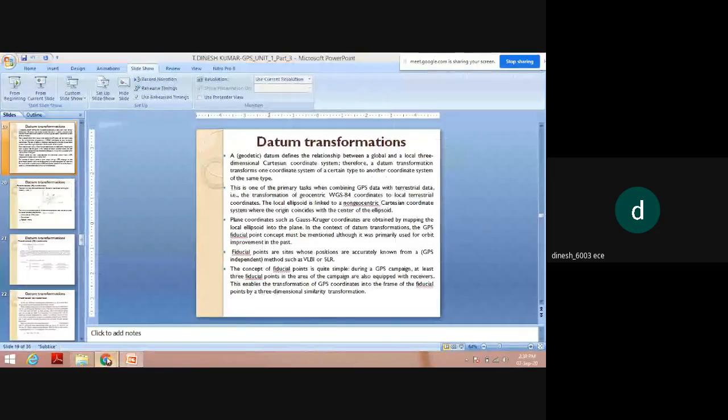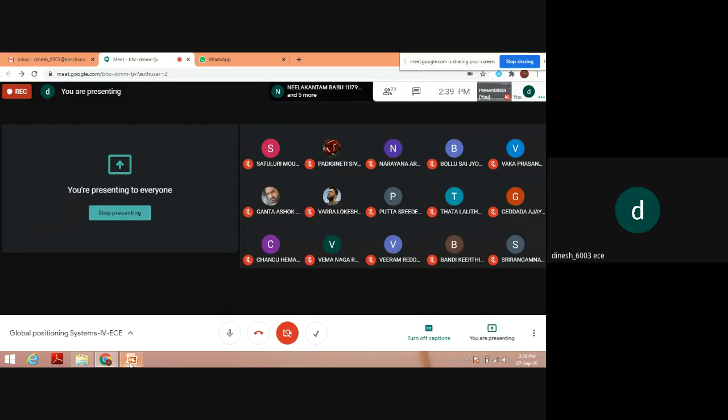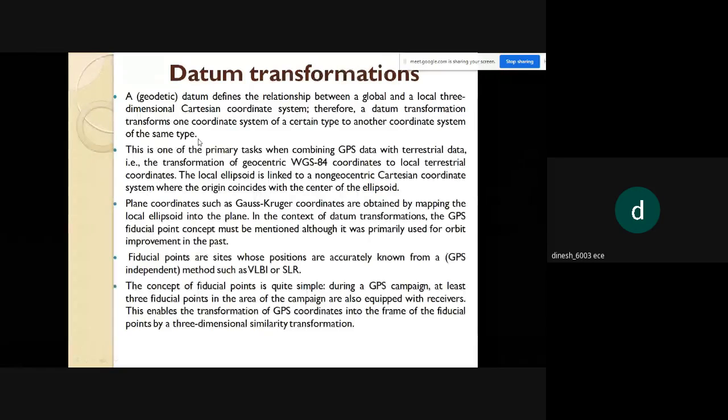So coming to the next topic, datum transformations.